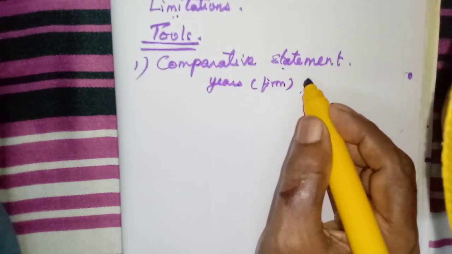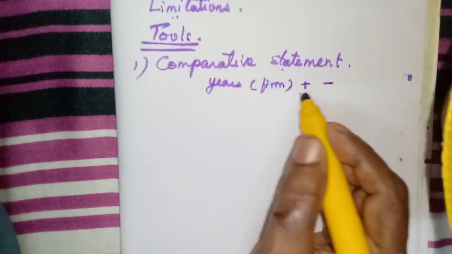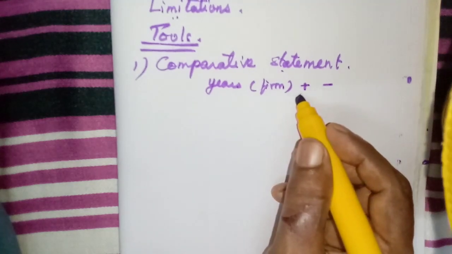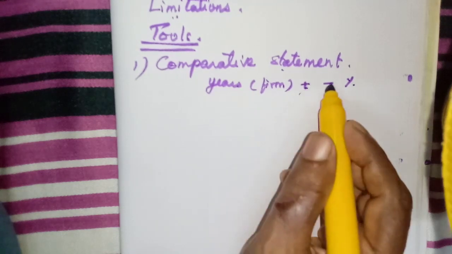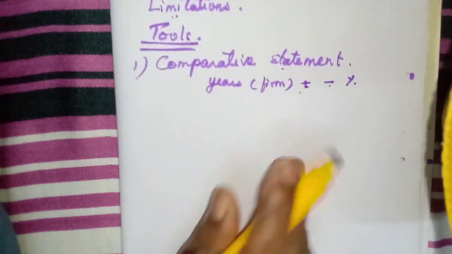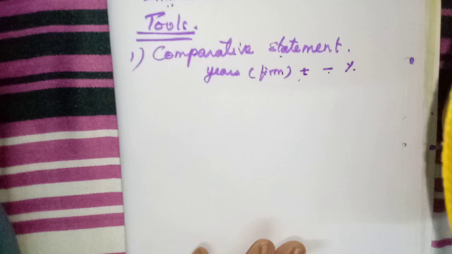We need to write the increase or decrease with the sign, plus or minus. Then we need to calculate the percentage of increase or decrease. That's all. It is very simple.